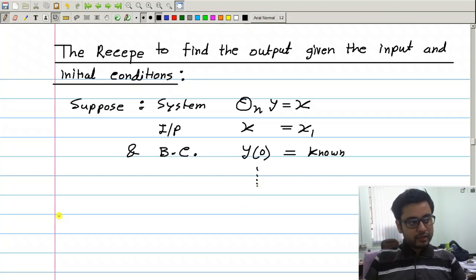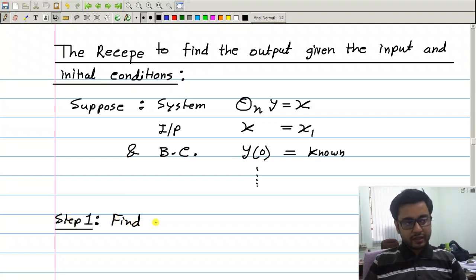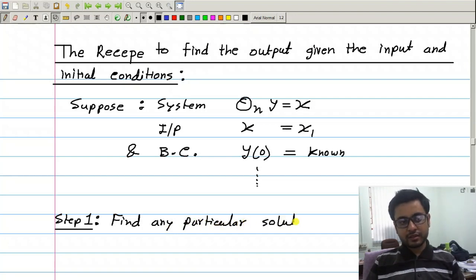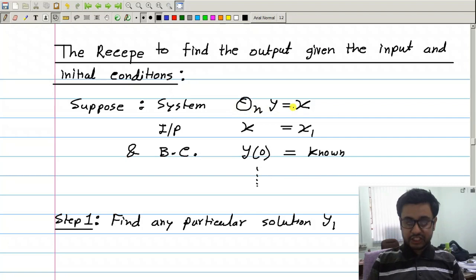Now, step 1, find any particular solution y1 which satisfies this system equation with the input x1.